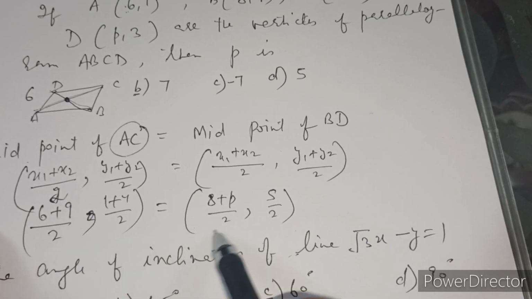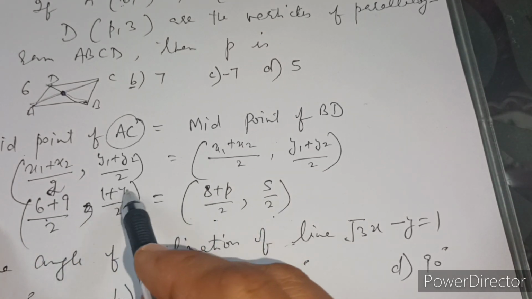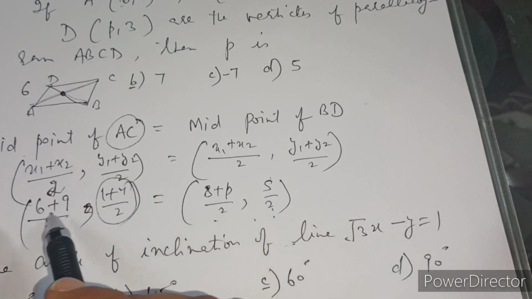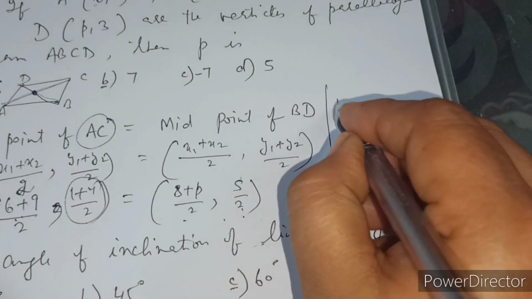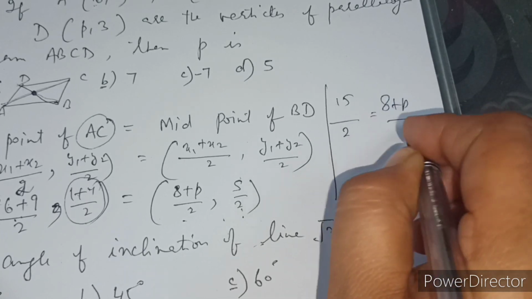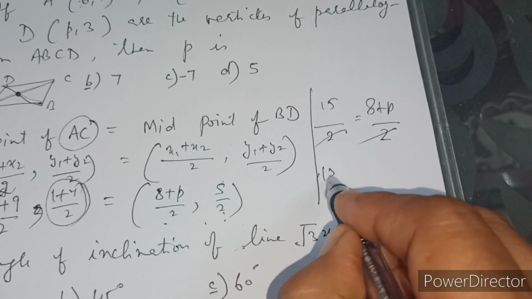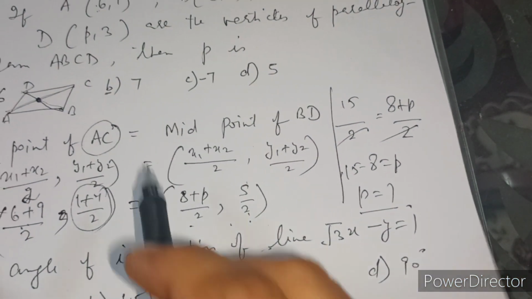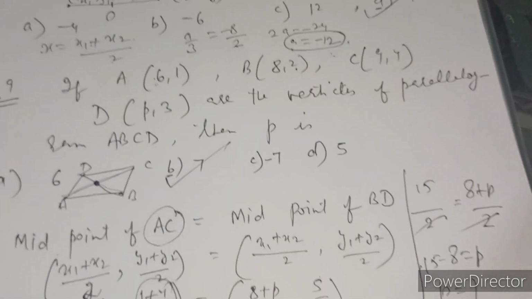Corresponding things will be equated. We need p only, and this part is already equal, 5 by 2, 5 by 2. We don't need this. We will equate simply this part to this part. So it is 6 plus 9, means 15 upon 2, is equal to (8 plus p) upon 2. 2 and 2 cancel. So we are left with 15 minus 8 is equal to p, simply means p is equal to 7. So p is equal to 7, which means option B is our answer.